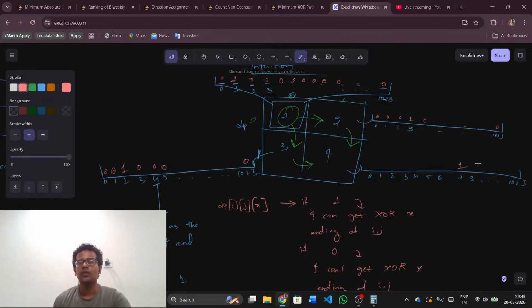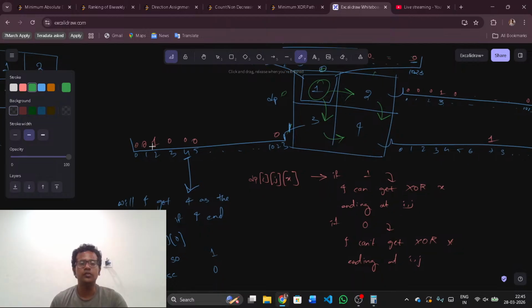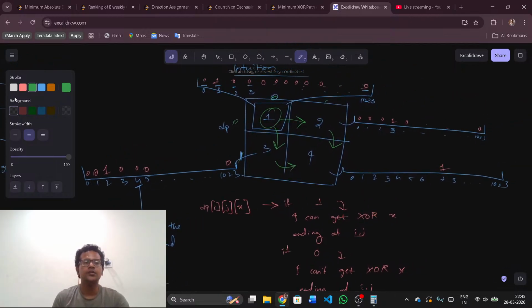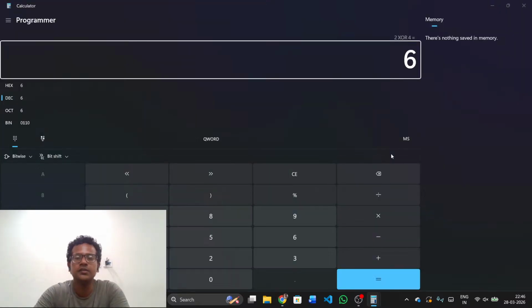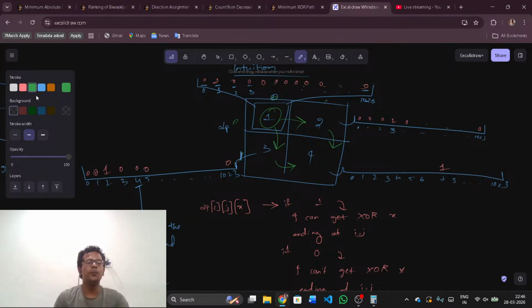Now I can also get from the left cell, where I got only 2 as the XOR value. So 2 XOR 4 will be 6. So 6 also is true.